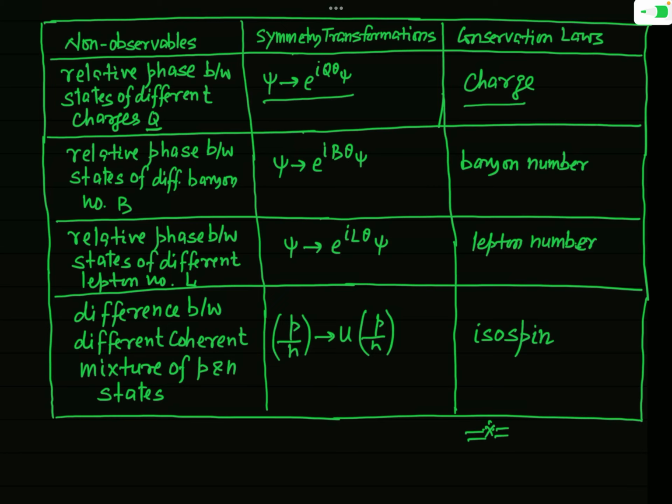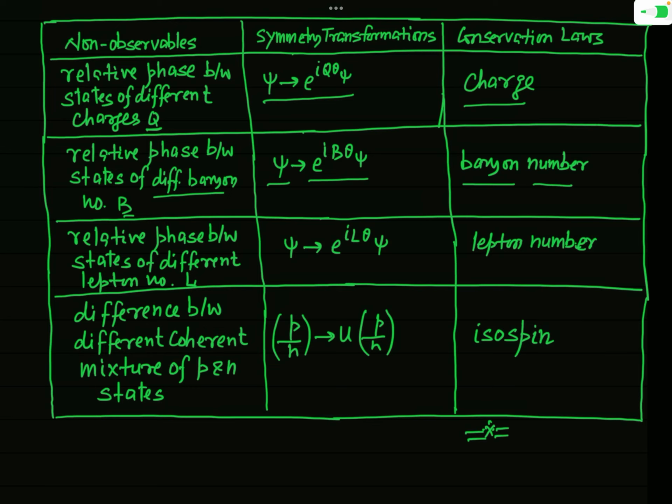Similarly, the relative phase between states of different baryon number b corresponds to the symmetry transformation psi to e to the power i b theta psi. Here b is the baryon number, and this leads to the conservation of baryon number.